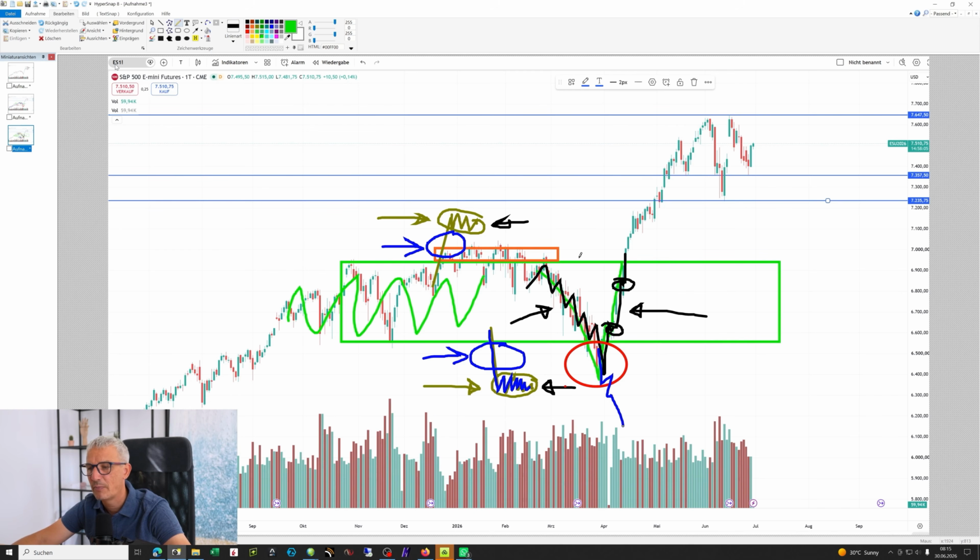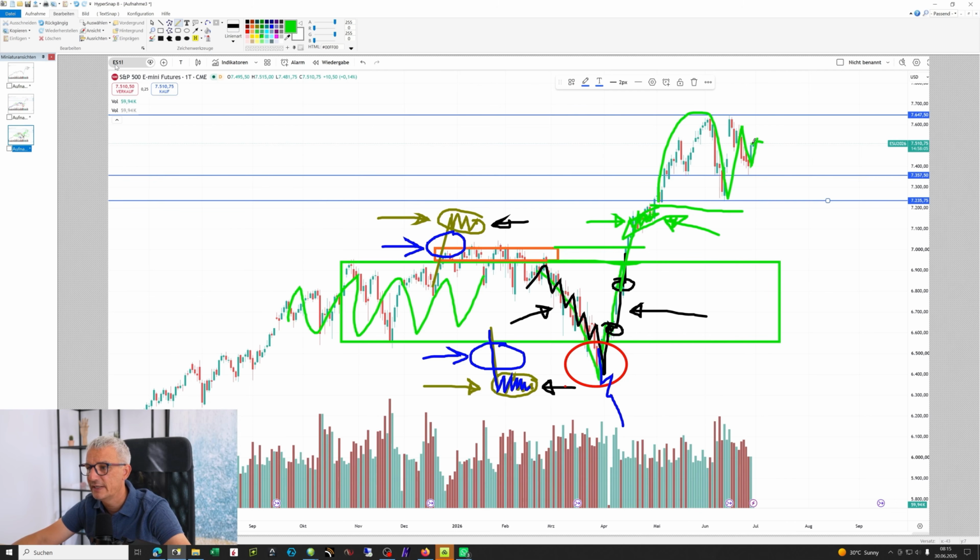But now let's look upwards and see, with the break above this and above this level, the market started up here to accept new price levels. And you can see that beautifully here. That's also the reason why the market was later able and willing to accept higher prices at first, because it said here is the absolute base that was created to drive the market further up with fair valuations.